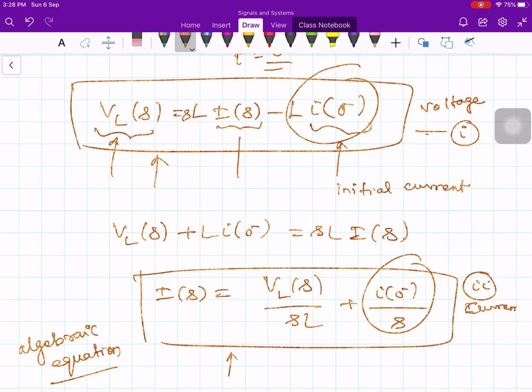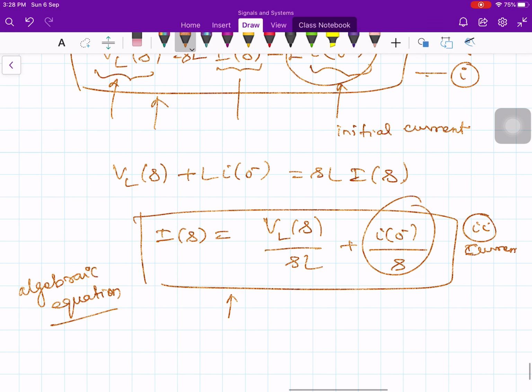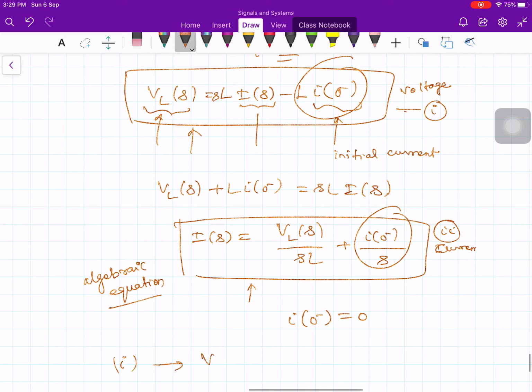Now, provided that the initial conditions are 0, suppose i of 0 minus is equal to 0, then this relationship will be very, very simple. This first relation becomes VL of S is equal to SL times I of S, right? So what is I of S now?